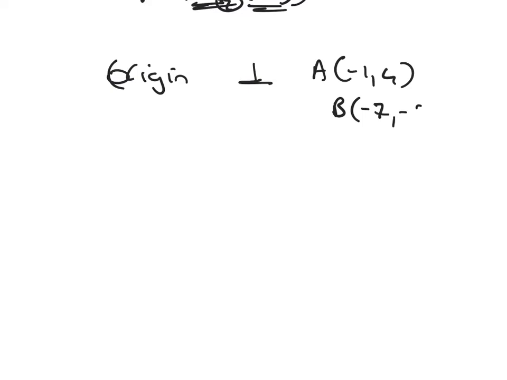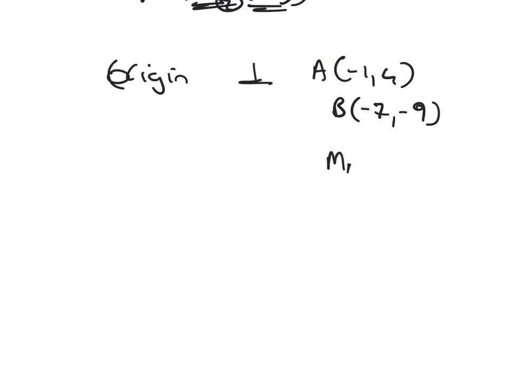Okay, next question. Find the equation of the line which passes through the origin and is perpendicular to AB, where A is (-1, 4) and B is (-7, -9). Okay, so the lines are perpendicular.